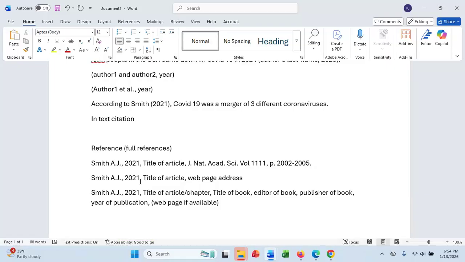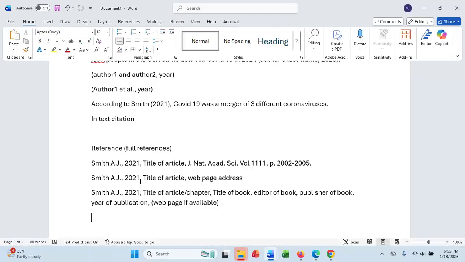And web pages often are not peer-reviewed. But if you use a good web page like one made by a professor, at least it'll be corrected if there's a mistake on it. If you use a web page from other sources, realize that it could be incorrect, and obviously that will not count to one of the four. But you need four good references. Thank you so much. All right.